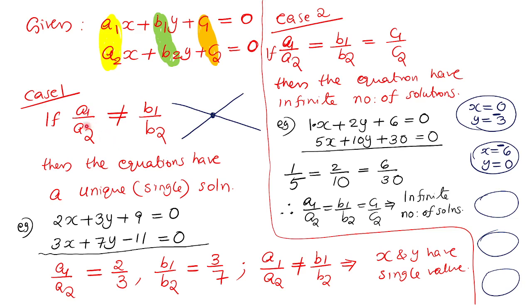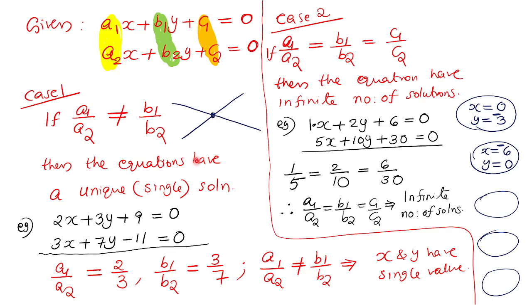Single solution means x has a single value, y has a single value. The graph will be meeting at a single point. That point will be the solution.